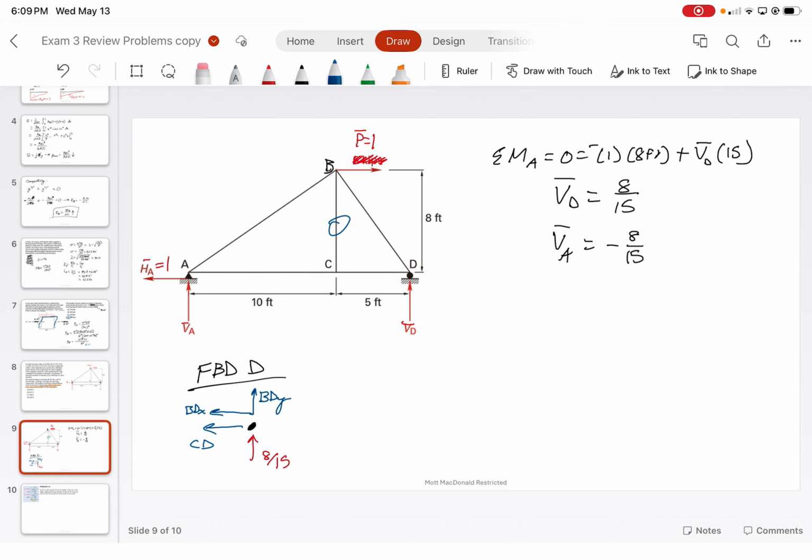From the forces in the y direction, BDY is equal to negative 8 over 15. Then from geometry, we can relate BDY to BDX, where BDY divided by 8 feet is equal to BDX over 5 feet, which means that BDX is equal to 5 over 8 BDY.